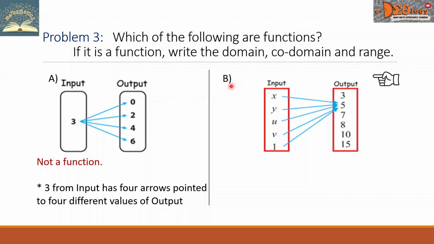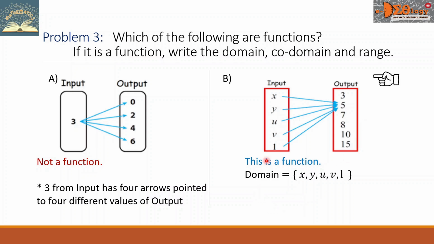Let's go to B. Input group and output group. Let us observe the illustration. This is a function. For every element of the input group, there is only one arrow that points to any element of the output group.